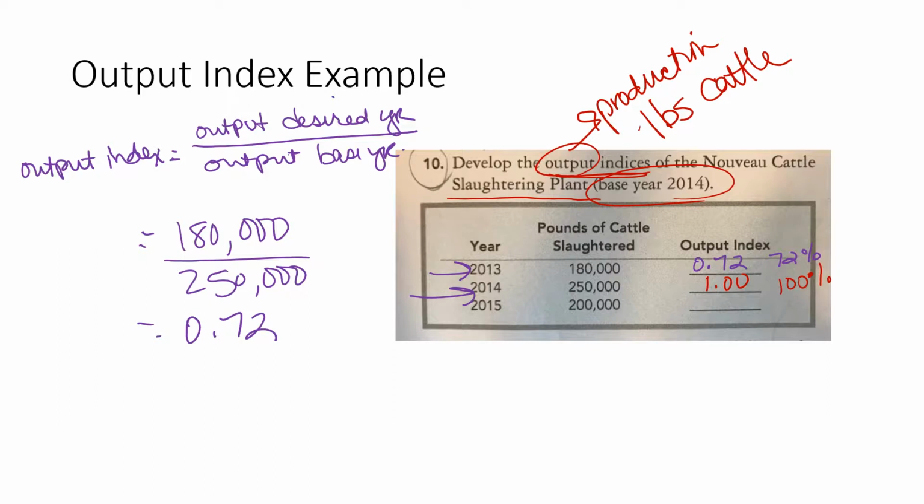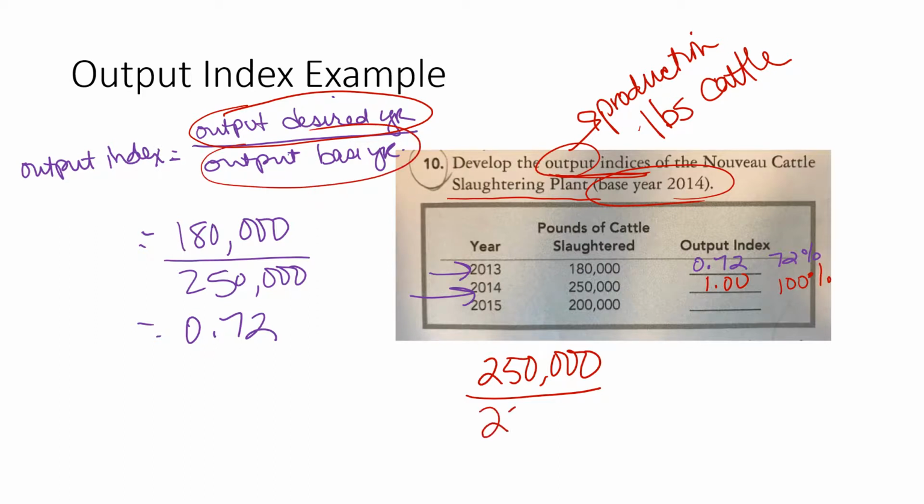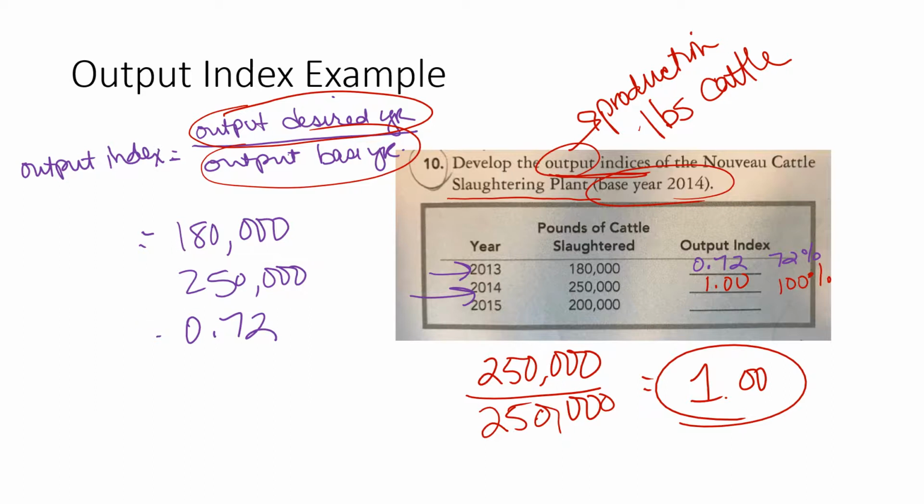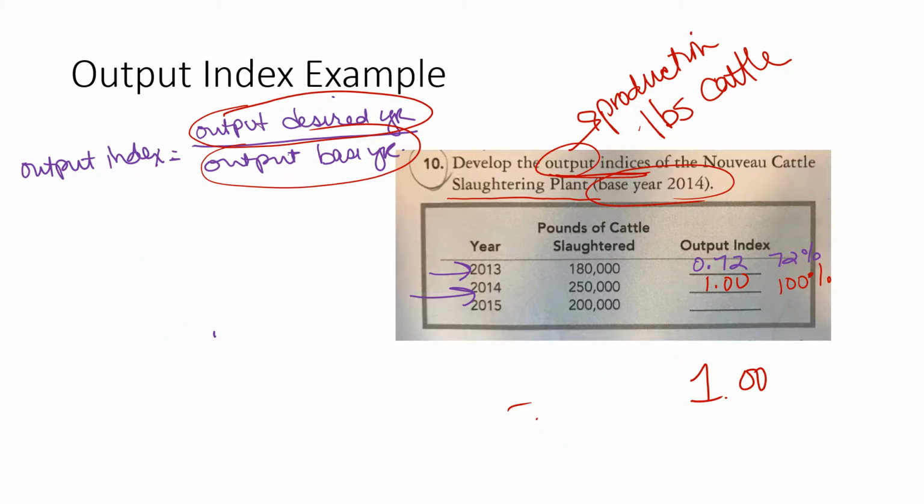And then 2014, we already know that, but if we didn't know that, our output of our desired year would be 250,000. Our desired year is also our base year, so that's also 250,000, and that's going to be 1. So that makes sense. Okay, and then our final calculation that we have to do is for the year 2015.